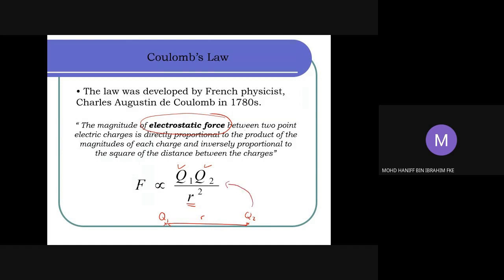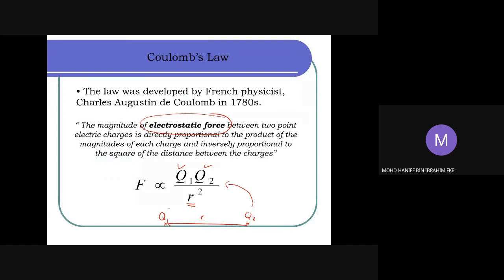The magnitude of the force is proportional to the magnitude of both charges Q1 and Q2, and inversely proportional to the square of the distance between the charges. This is based on Coulomb's law.